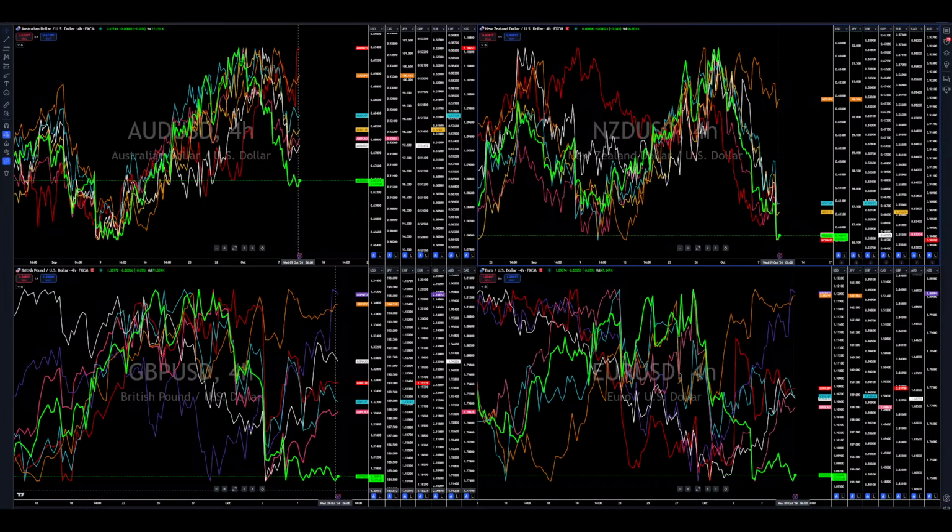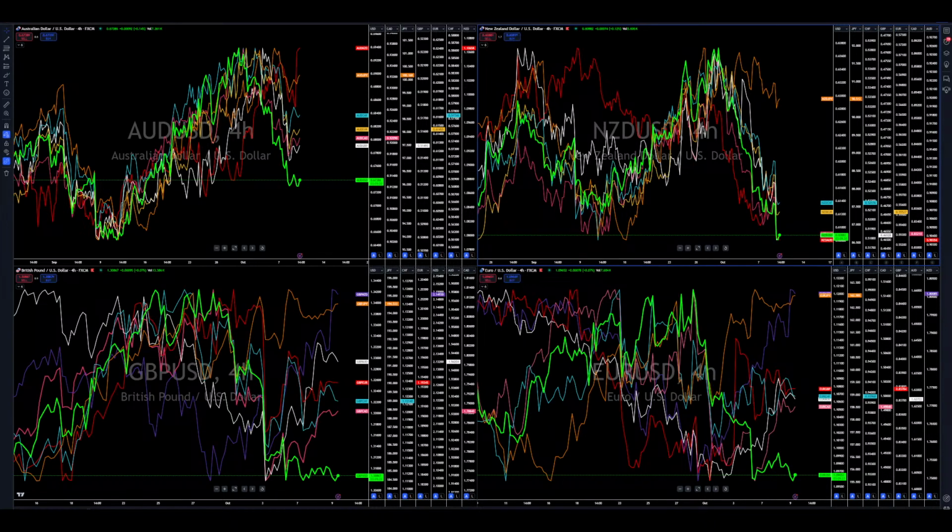This analysis increases the probabilities of the trade we're going to start taking for the upside once the dollar starts falling. All right, so I'm waiting for my pen to start working, and then I'm going to draw.